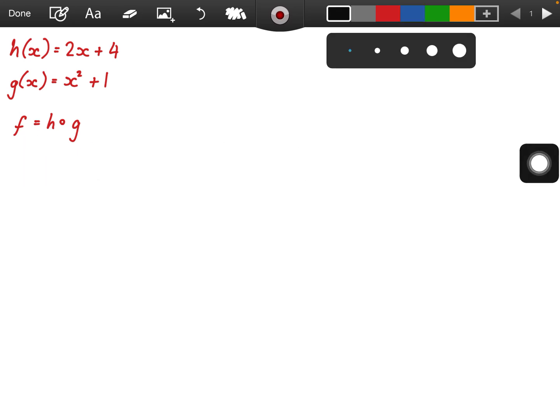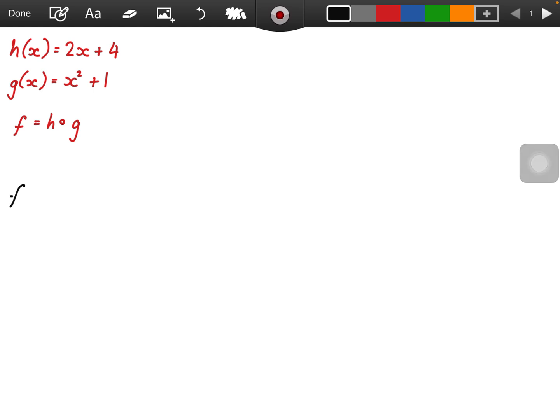So we're going to be asked for a few values for the function f with different inputs. For example, if I had the function f with an input of 0, that means that first I have to get the function g with an input of 0, and then onto my answer for that I need to apply the function h. There are two ways that I can do this, and I'm going to do it the simpler way first, so that we really understand what they're asking.